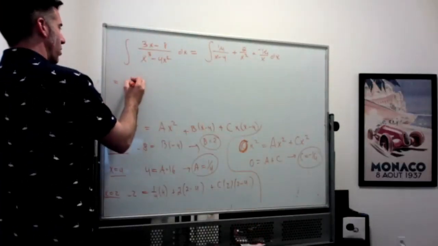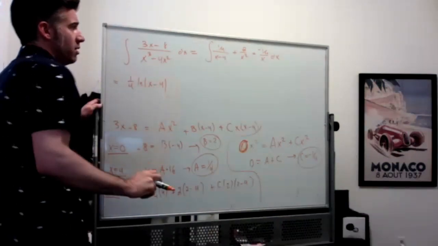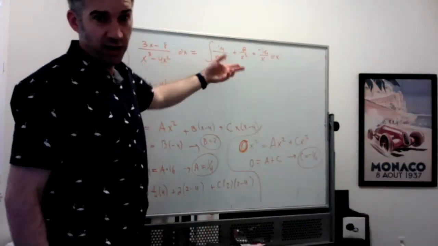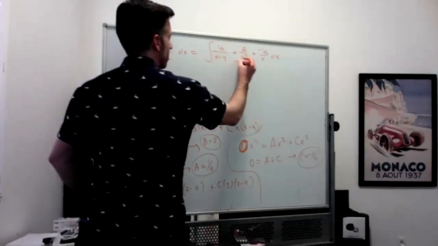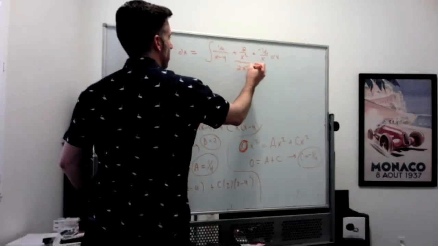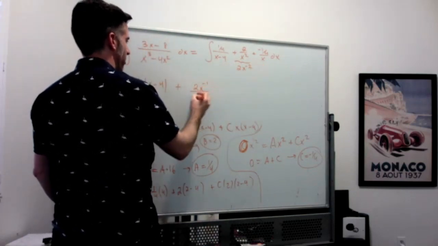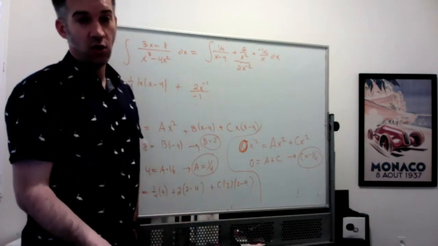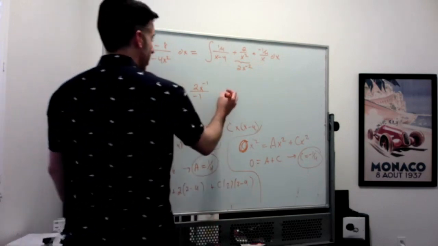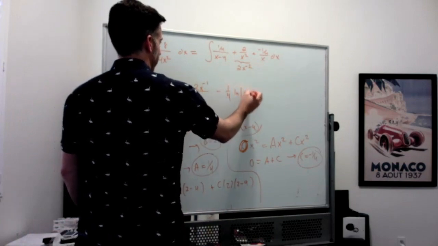It's going to be 1/4 natural log of the absolute value of x minus 4. The 2 over x squared doesn't get a natural log, right? That's 2 times x to the minus second. And its integral is 2x to the minus first over minus 1. Or if you prefer, you can write that as negative 2 over x. And then minus 1/4 natural log of the absolute value of x.